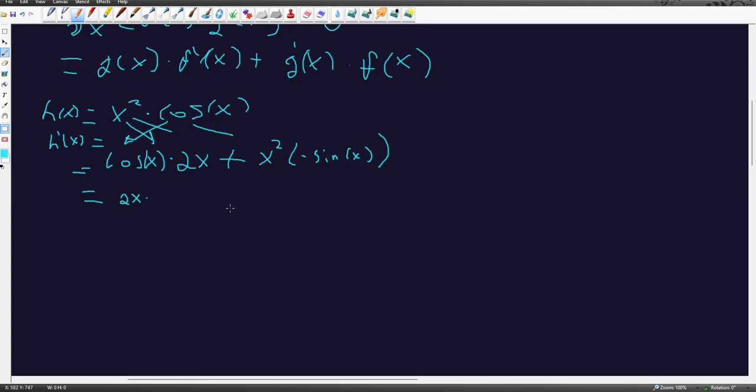It can be in front or after the cosine, but I like having any polynomial in front of it and anything adding afterwards. It makes it easier to read. And actually, this is wrong. Negative x squared times sine, and this will give you the derivative.